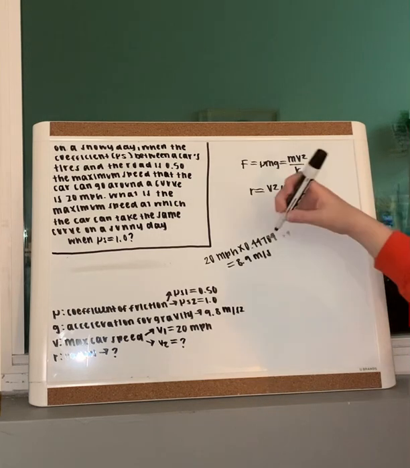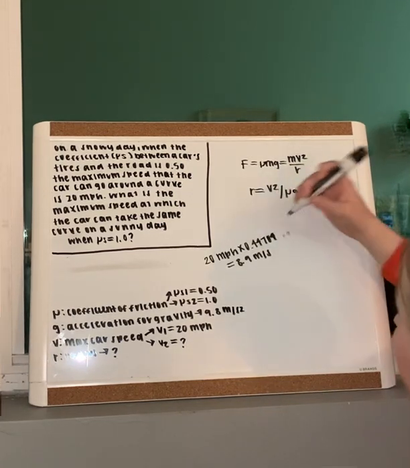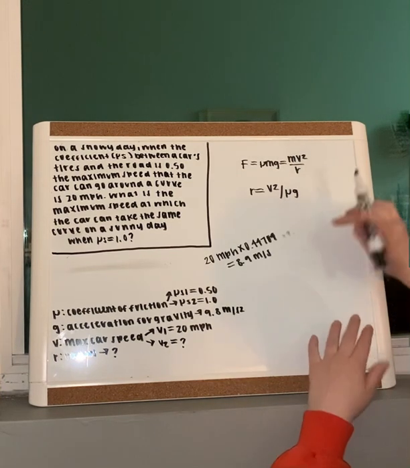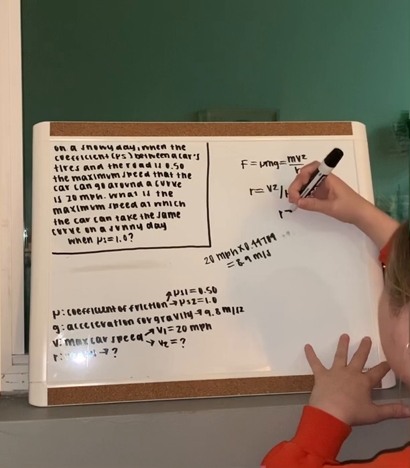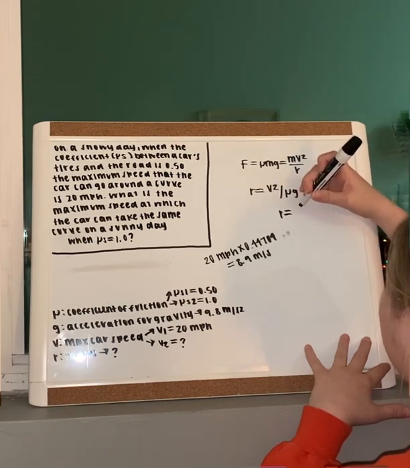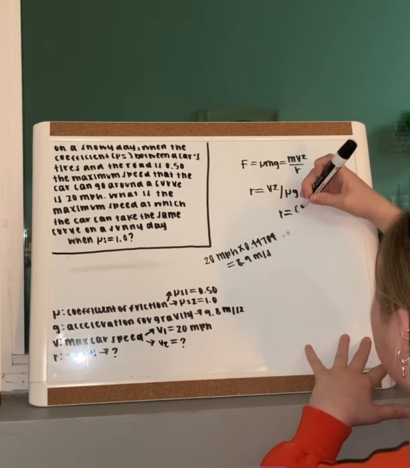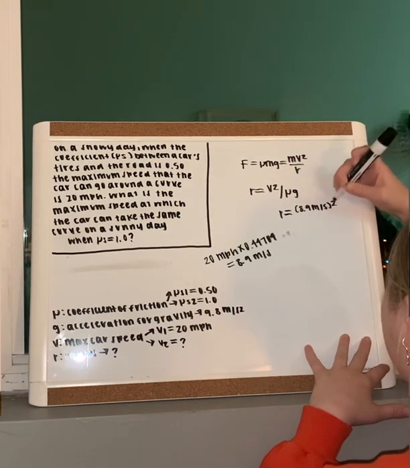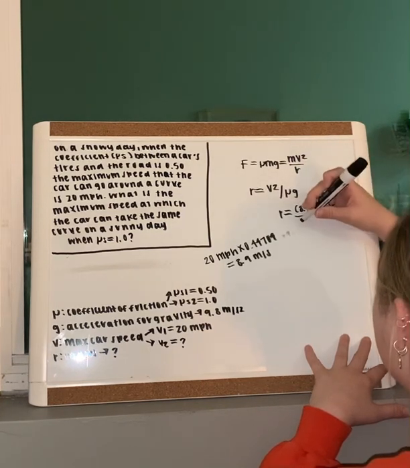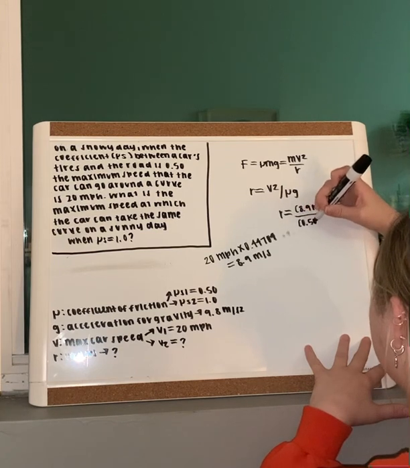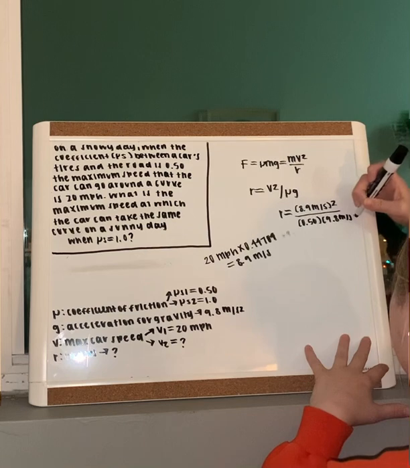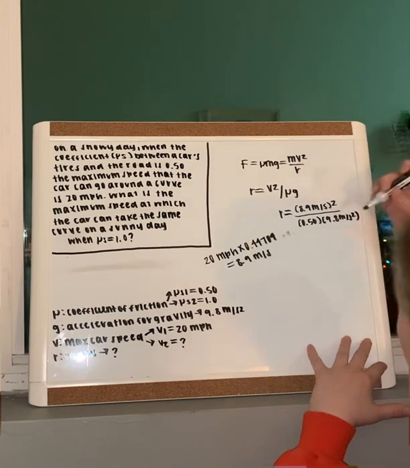That's going to be our converted value for the max car speed, which is what we're going to plug in right here. It's going to be R equals that 8.9 meters per second value squared, over that 0.50 and that 9.8 meters per second squared for gravity.